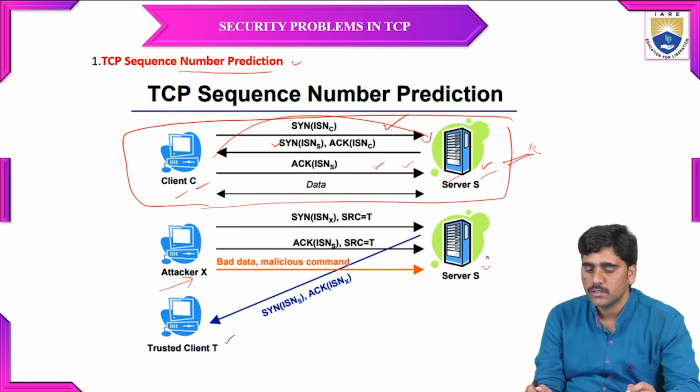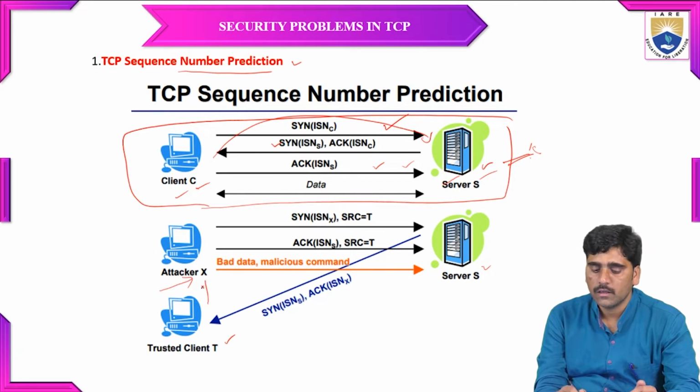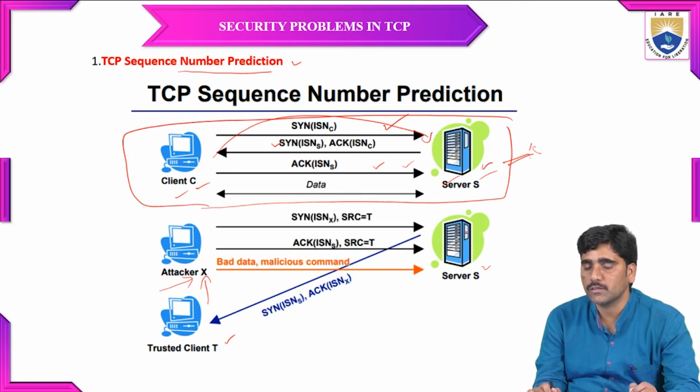The attacker takes over the client system and sends the synchronous request to the server, saying: I am the source and I am the trusted client T. In this way, the attacker can convey the message to the server. Similarly, he can provide an acknowledgement to the server also.